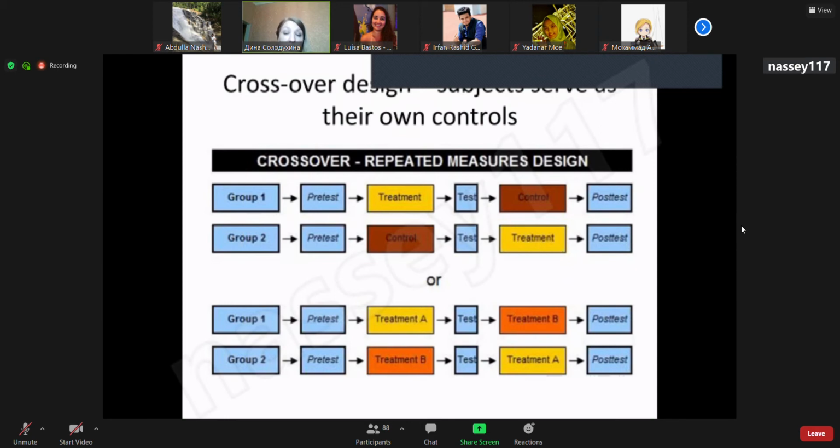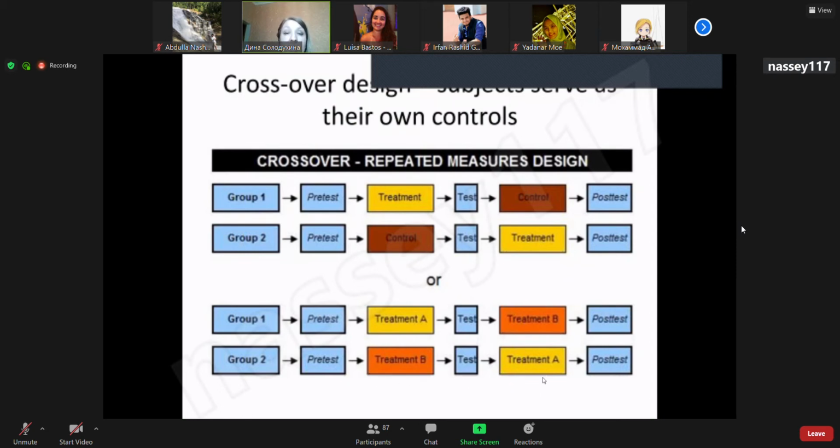So in crossover, we have a so-called repeated measures design. Subjects first take treatment 1 and then control treatment, or control treatment and then treatment 1. Or they receive treatment A, after which treatment B, or vice versa, treatment B, then treatment A.